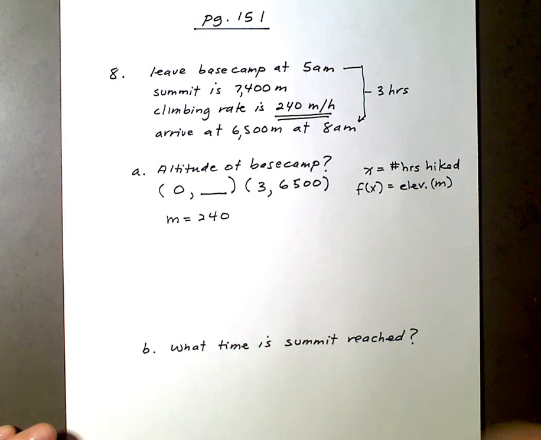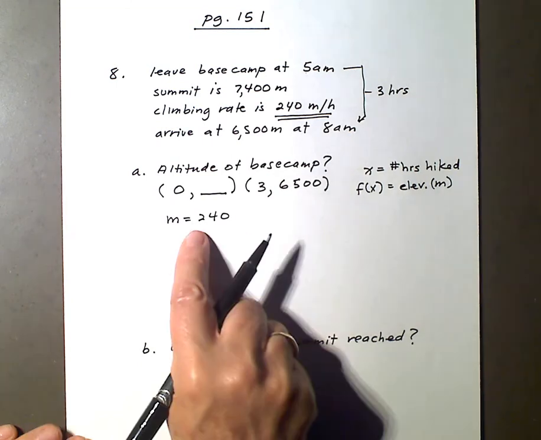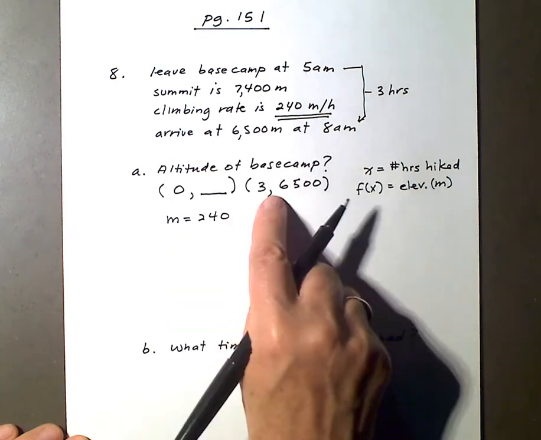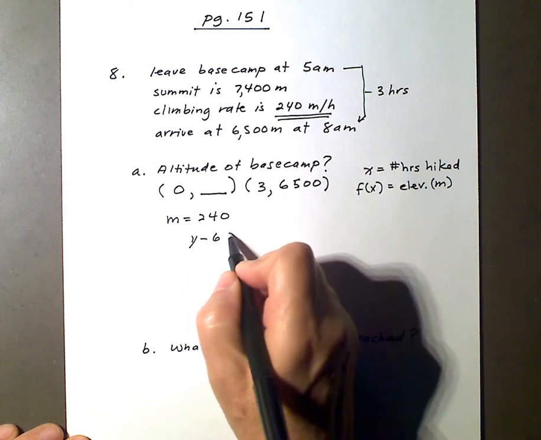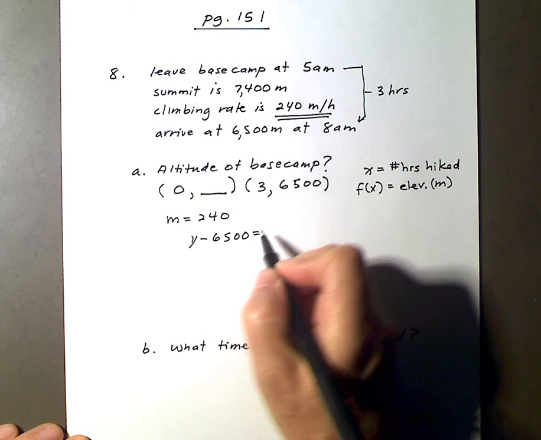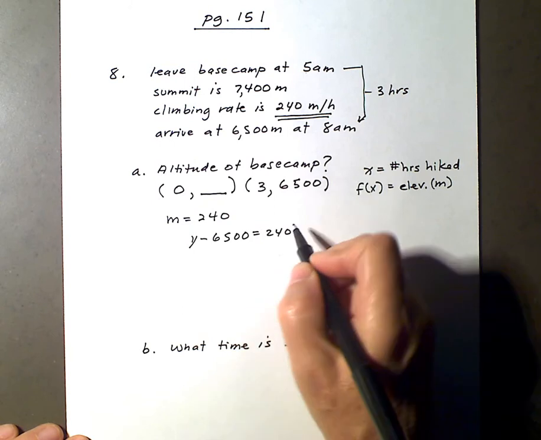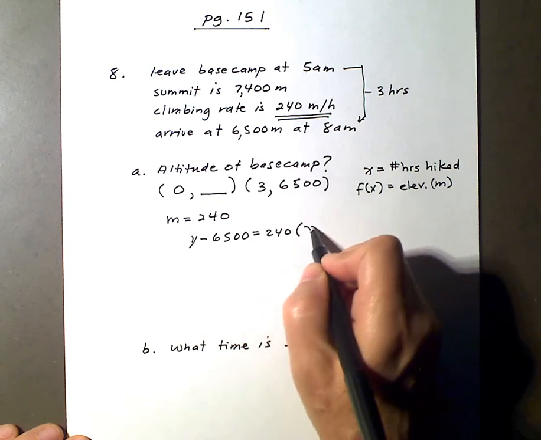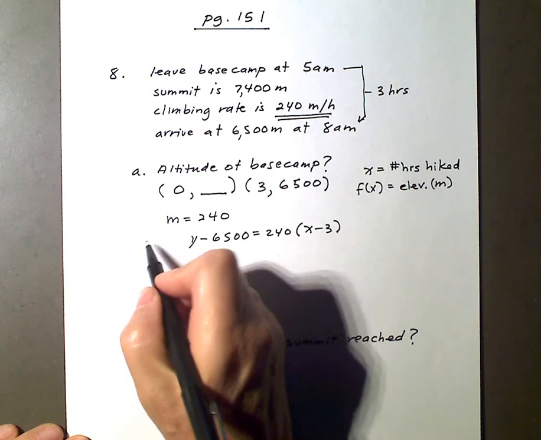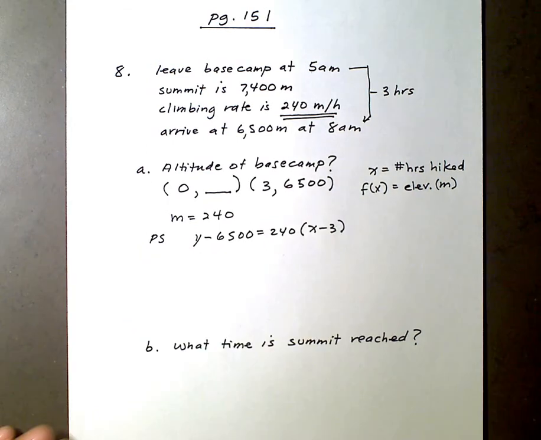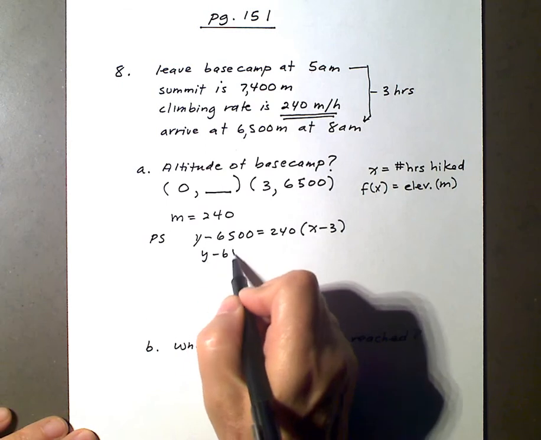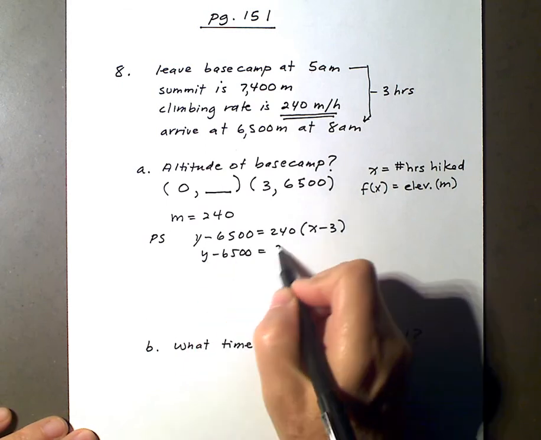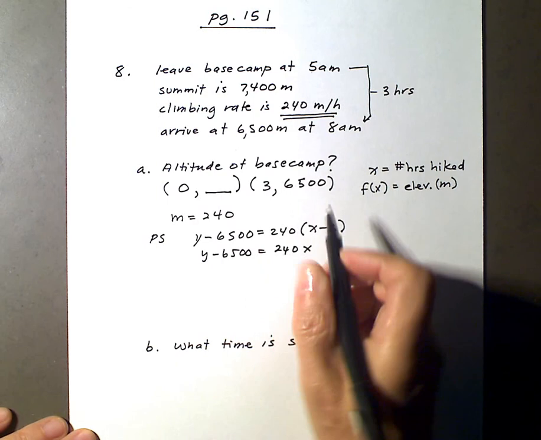If I have the slope, a rate of change, and 1 point, then I can write the function. So y minus 6,500 is equal to the slope, or the rate of change, 240 times x minus 3. I'm just using point slope form. So y minus 6,500 is equal to 240x minus 720.